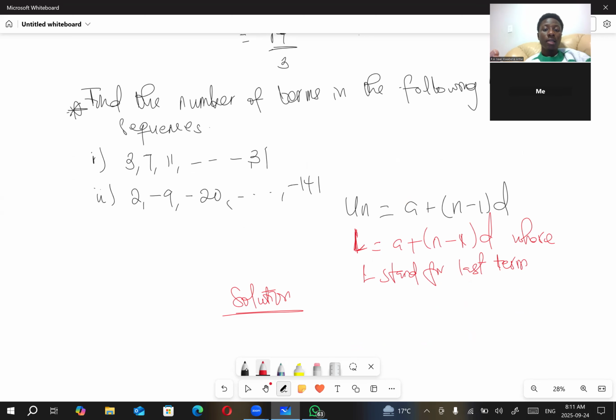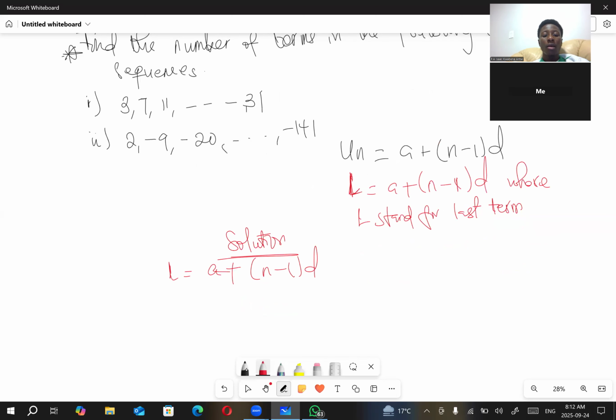You understand it when the question says find the number of terms. First you quote the formula. You know that given the last term, we can use this formula L = a + (n minus 1)d.